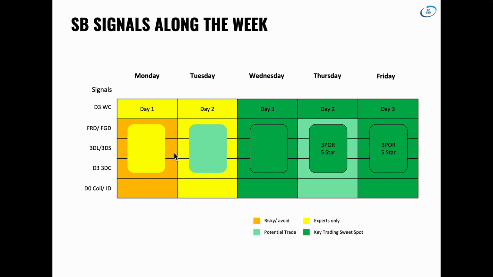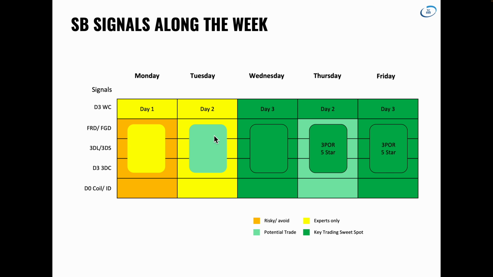So if you don't have very clear signals, I wouldn't trade on Monday at all. But if you have, for example, all these signals aligning, first red day, first green day, 3 days of longs, at a 3-day cycle, potentially hanging over from the week before, it might give nice trades on a Monday. So as an expert, you can take some of those, but you need to be very, very selective.